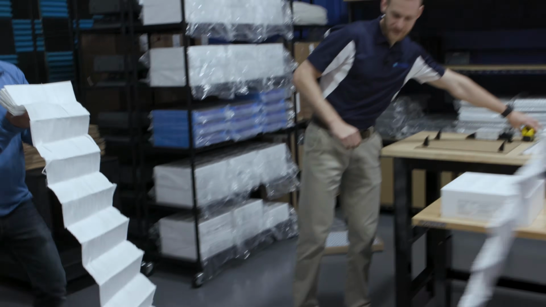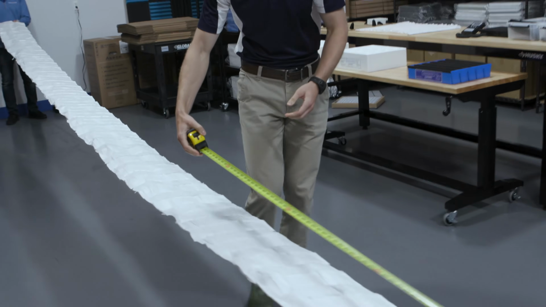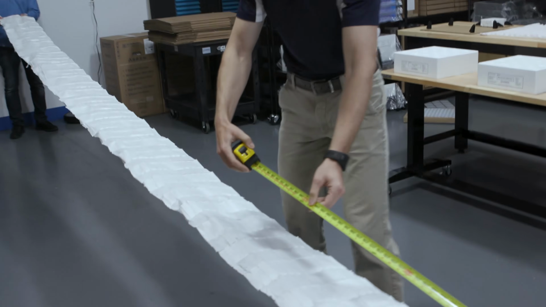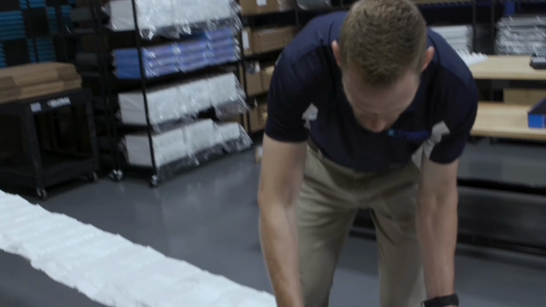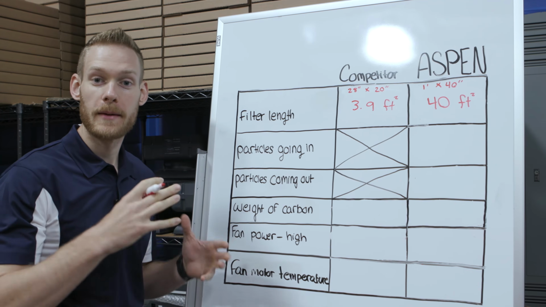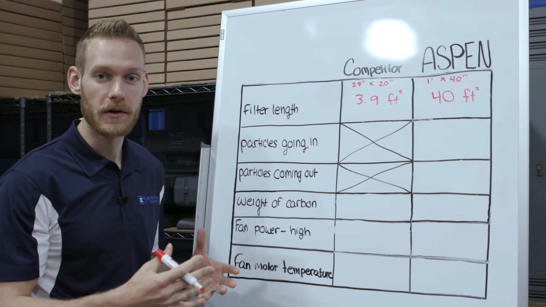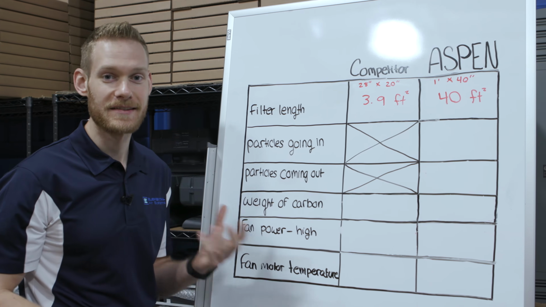Let's take a look at how much filtration media is in this filter. Wow, look at that. We actually ran out of measuring tape, so we have 24 feet. 24 plus 16 feet. So that means we're gonna be able to move a lot more air through this filter and hold a lot more particles in the filter. So it's gonna last a lot longer.